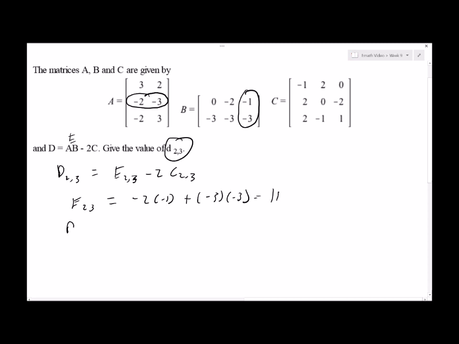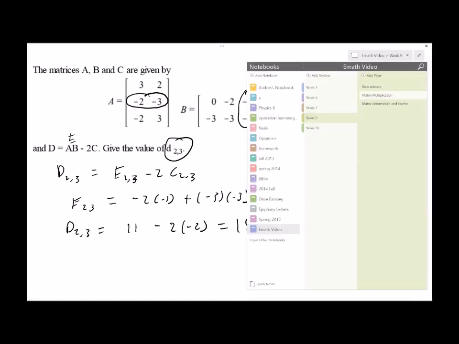So then D23 is going to be 11 minus 2 times C23. Now C23, row 2, column 3, it's that one, negative 2, and that's going to give us 15. So it's pretty straightforward as long as you understand how to do matrix multiplication, and the shortcut, I guess, to being able to just solve for one element of that matrix.